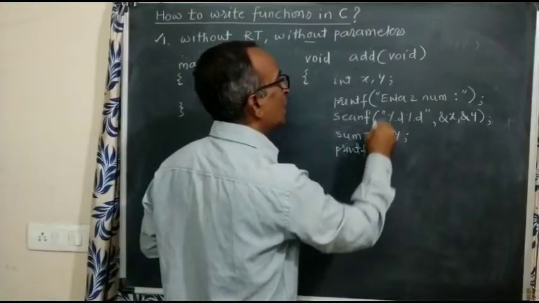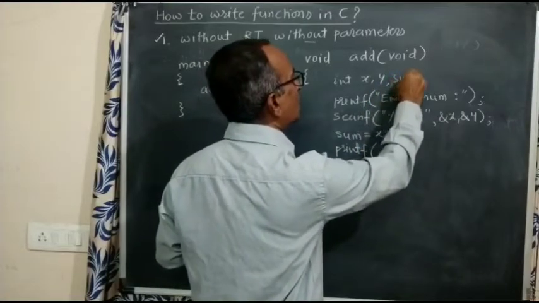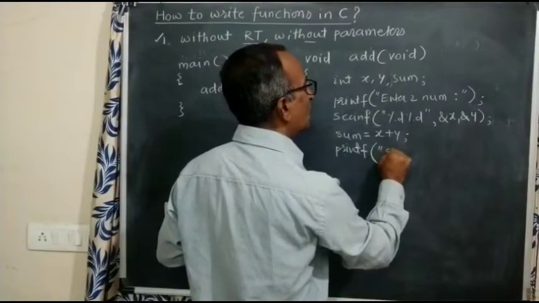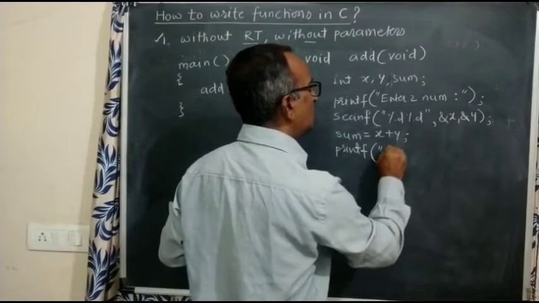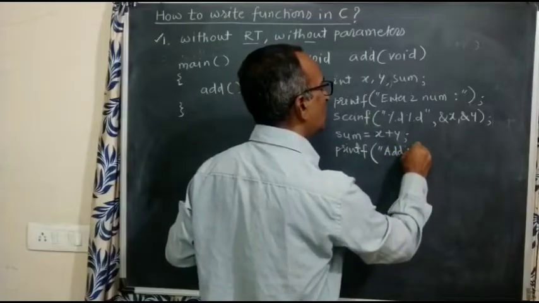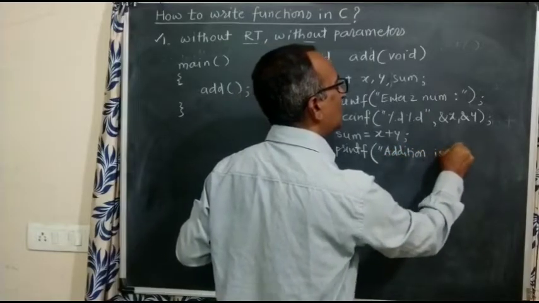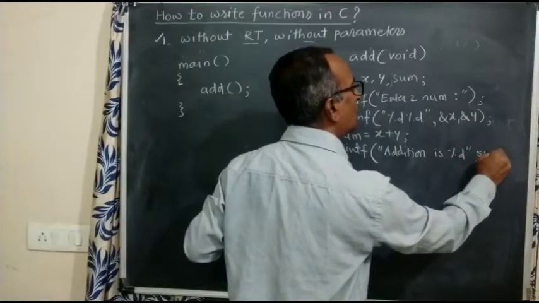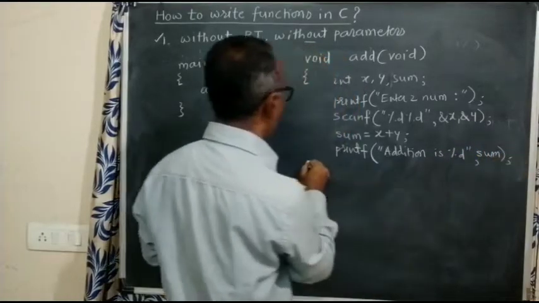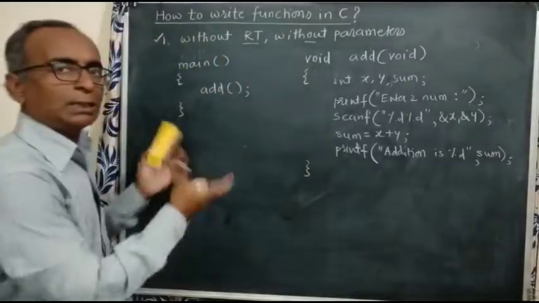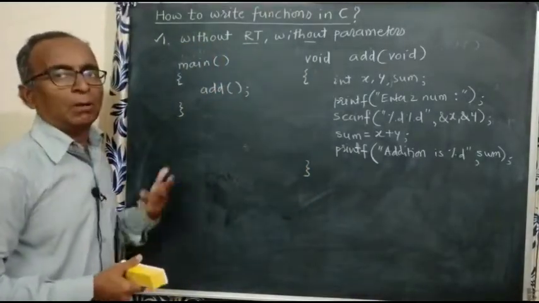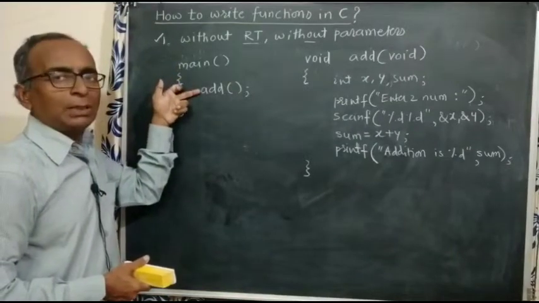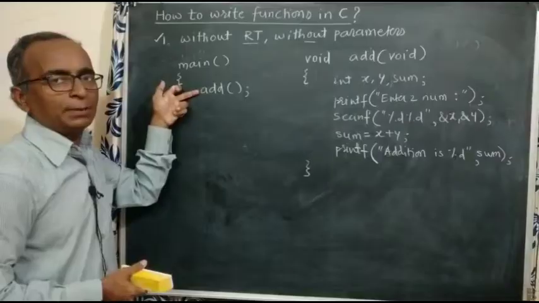Printf. Sum has not been declared. Sum will be declared locally. Sum is given. Addition is %d, and at this place we are writing sum. That's it. See how the execution takes place. Execution always starts from main. Control comes here. There is a call to the add function.